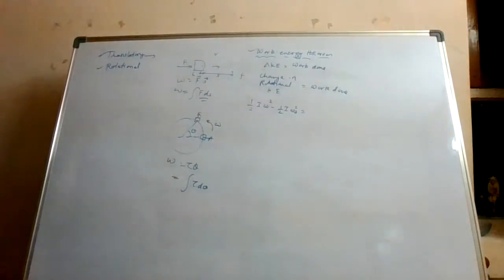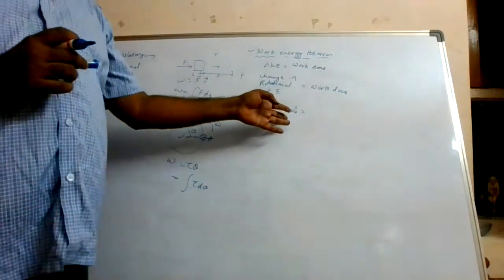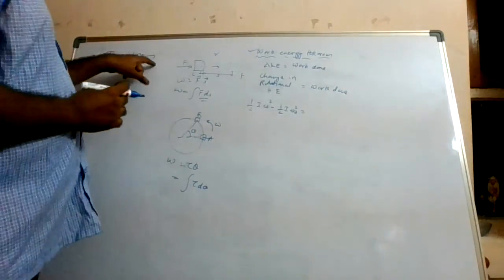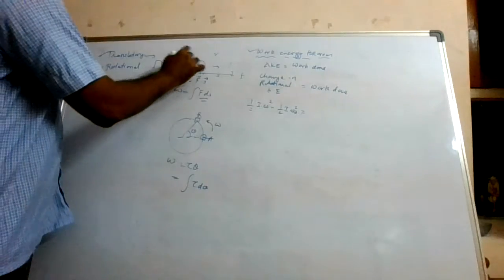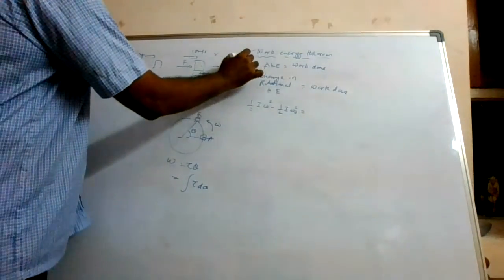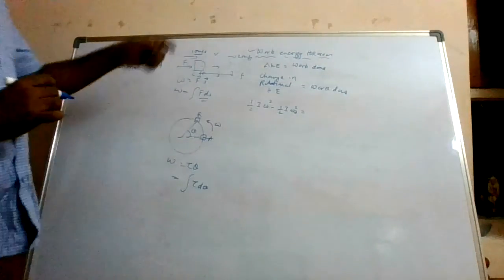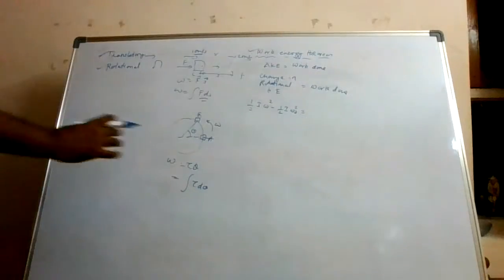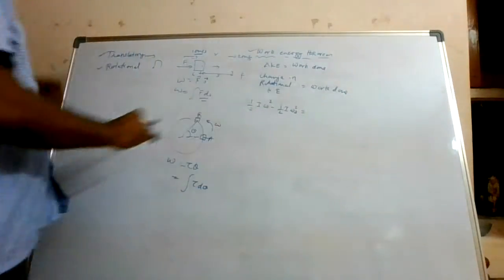It is not necessary that every time the initial angular speed will be 0, isn't it? Here also the object may have started here. Here the object speed may be 10 meter per second. Here it is 20 meter per second. So there is an initial speed, there is a final speed. The mass is not changing. So similarly here also initial minus final or final minus initial.